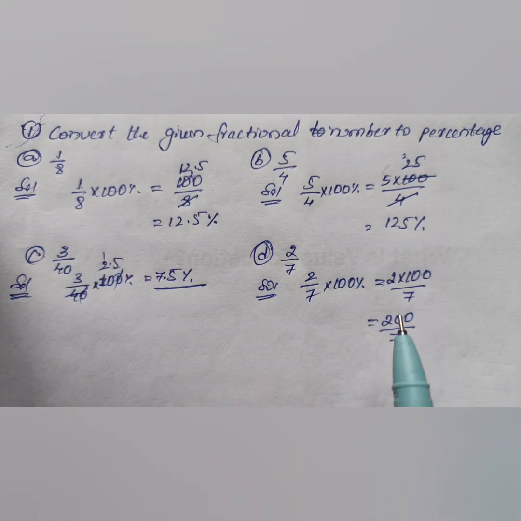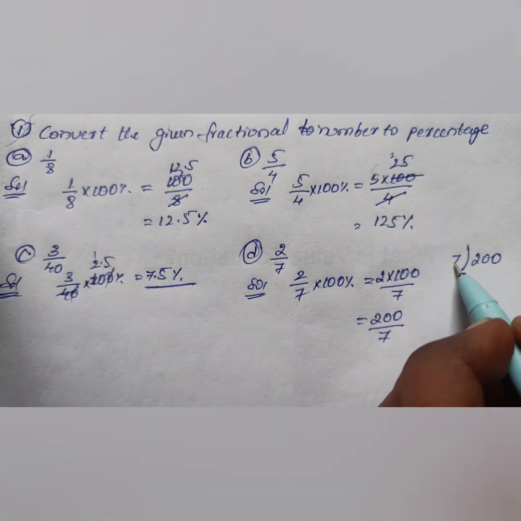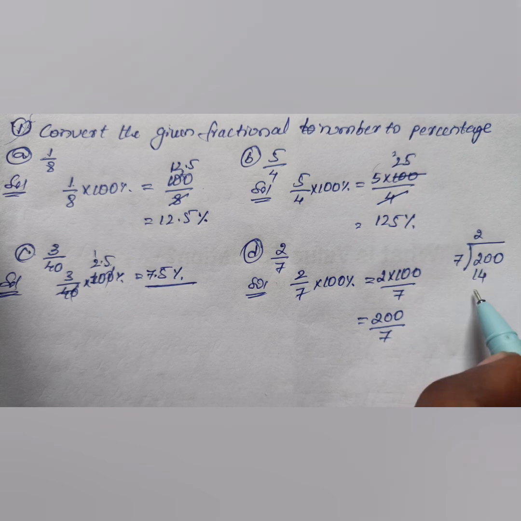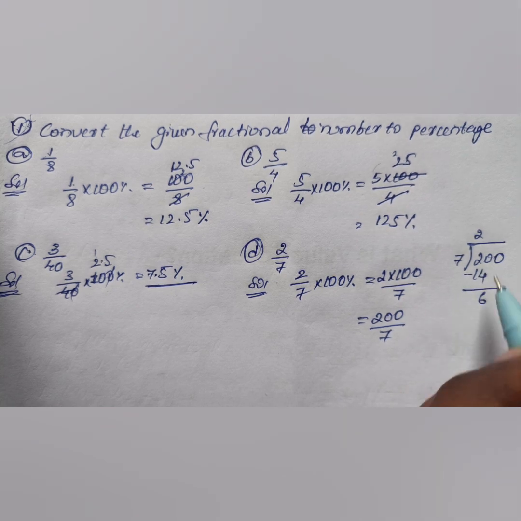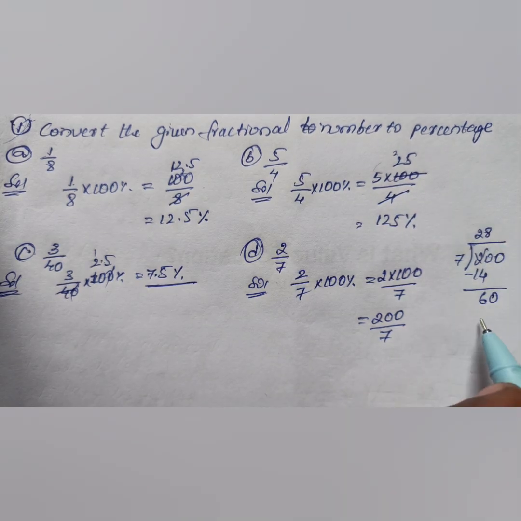So 200 divided by 7, we can calculate separately. 7 twos are 14, minus, 6 is a remainder. 7 eights are 56, so 4 is a remainder.